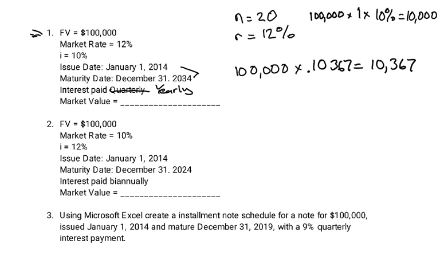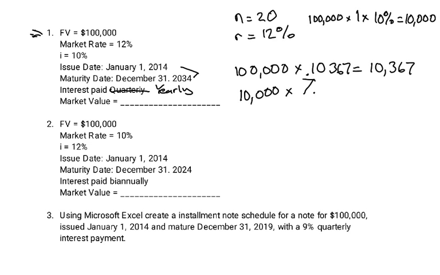So with that, if you took that $10,000 as the annuity payment, now we're going to multiply it by the factor for the present value annuity, which would be 7.4694.